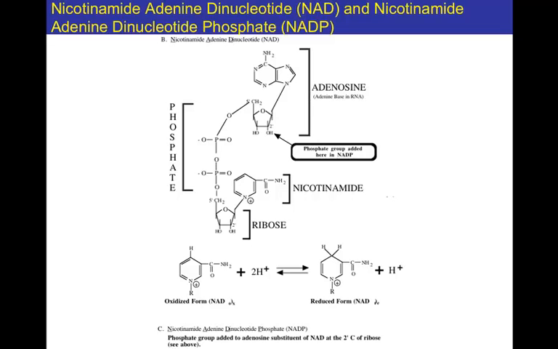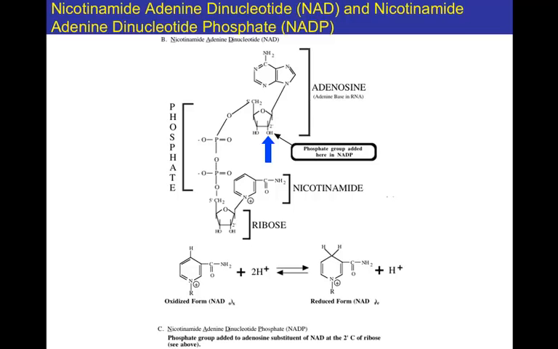Now, just as a final reminder, when we talk about NADP with photosynthesis, you're going to notice that the phosphate group is added to the 2' hydroxyl of the ribose sugar that makes up this nucleotide. You can see it there on the drawing, where it's attached. And that makes this NADP instead of NAD.